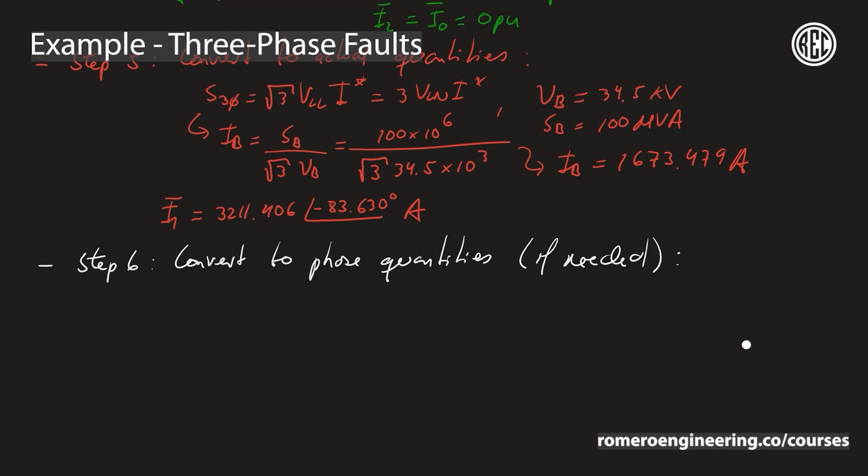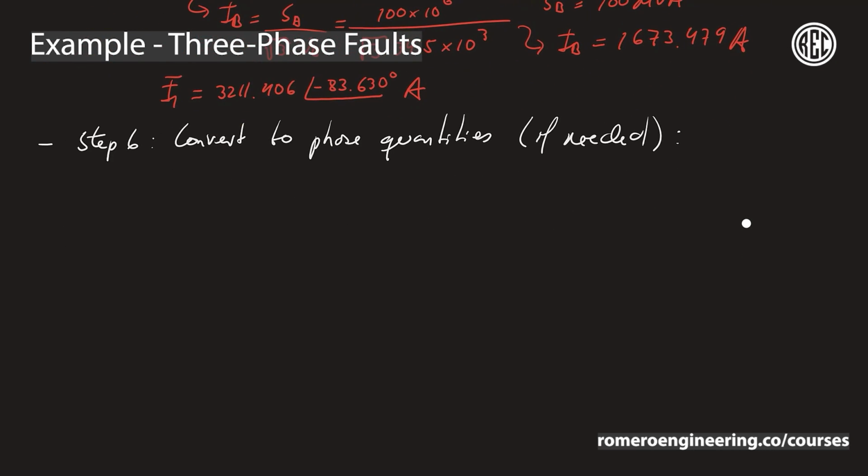So now again, we did this before, but let's go ahead and do it again. The equations for converting from sequence quantities to phase quantities are the following. So IA, IB, and IC are going to be equal to the following. IA is equal to the zero sequence current plus positive sequence current plus negative sequence current.